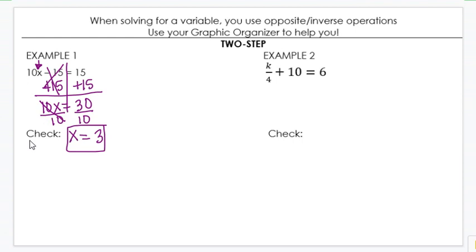Now I'm going to check my answer by plugging 3 back in. So I have 10 times 3 minus 15, and we're going to see if that equals 15. In your calculator, type in 10 times 3 minus 15. Do it all at once and then hit the equal sign.